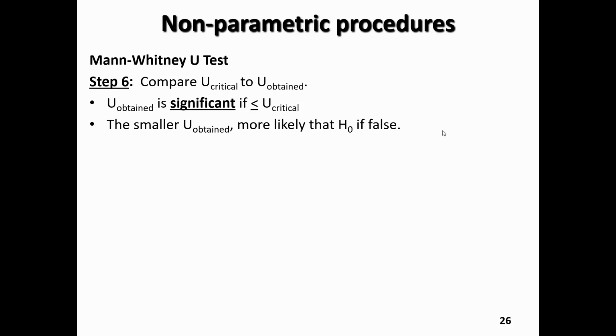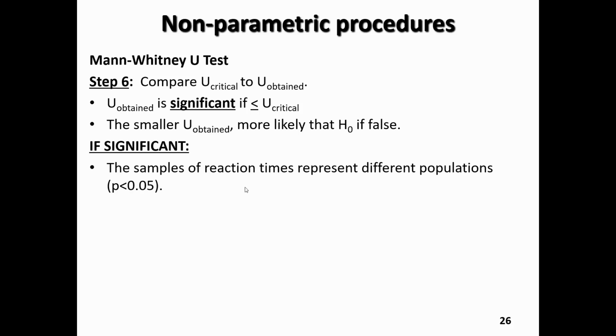In our study, we found that the smaller of the two U statistics, which was 2.0, was equal to the critical value. Once again, it doesn't have to be just less than. If it's equal to or less than, then it is statistically significant. So what we would conclude in this study is that the samples of the reaction times represent different populations, in a very general sense.